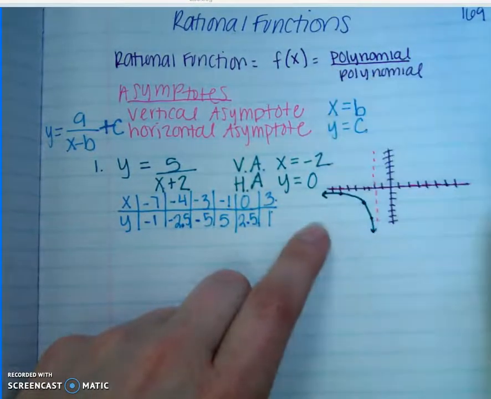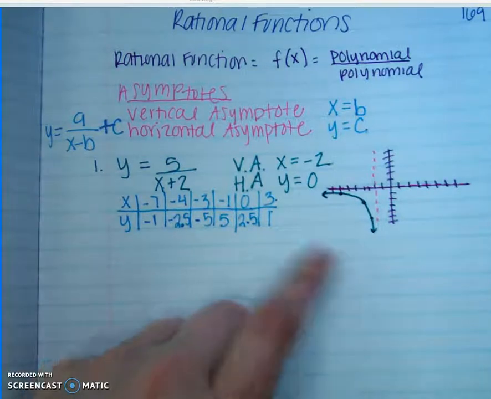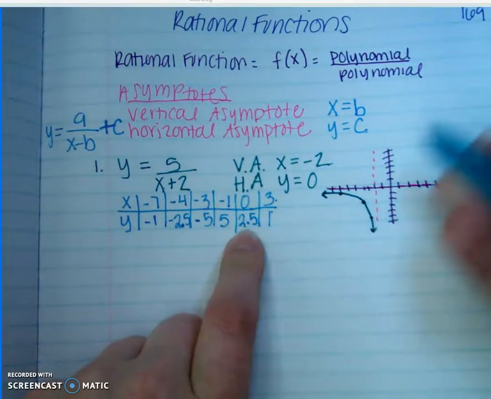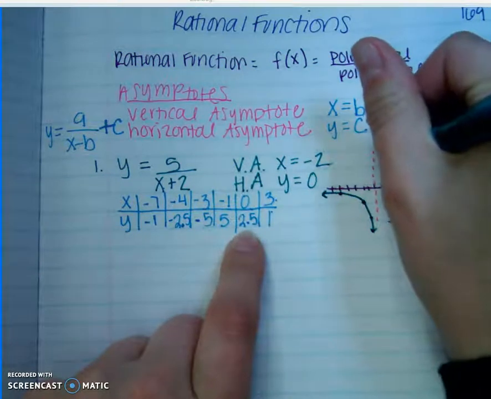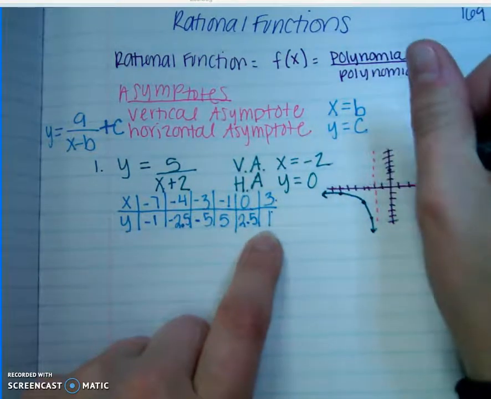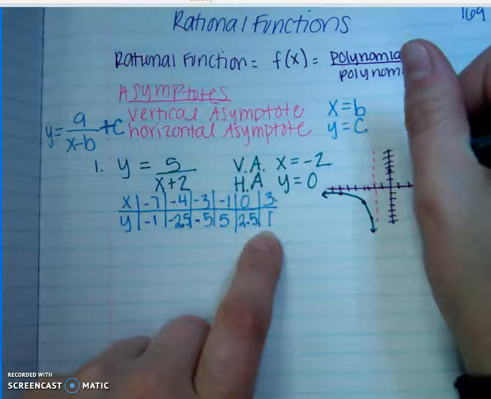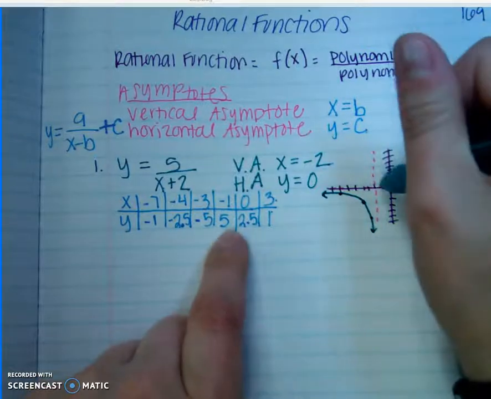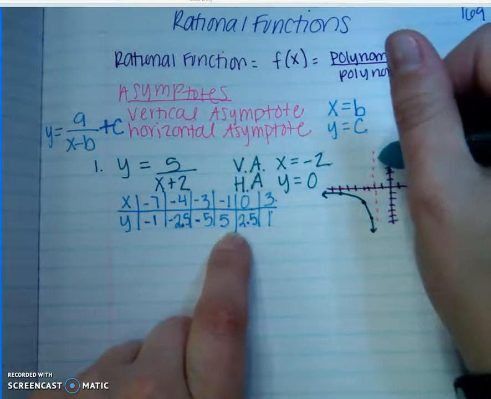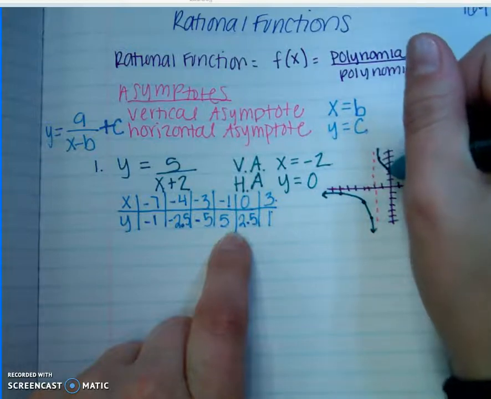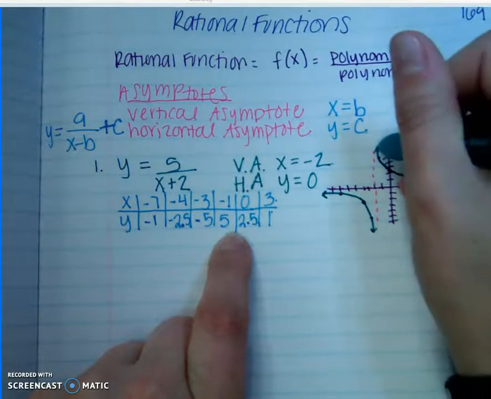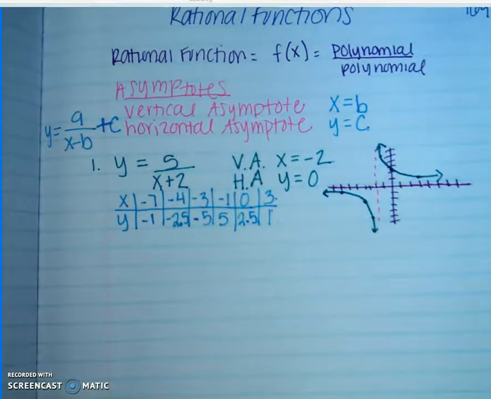Then we're going to keep going. I have 0, 2.5, and 3, 1. Oh, and -1, 5. I missed that one. Okay. And that's my rational function.